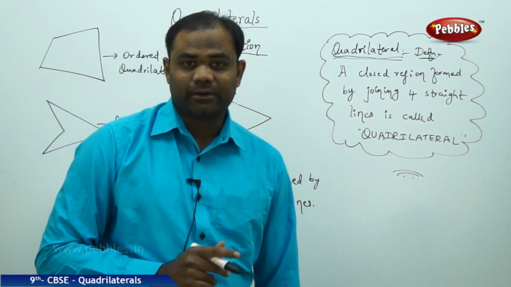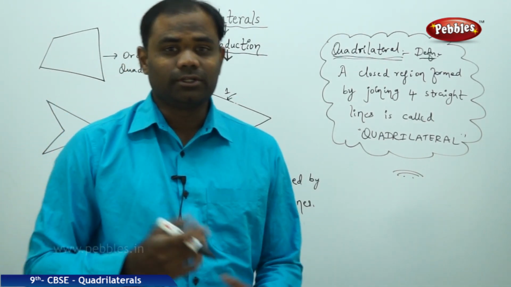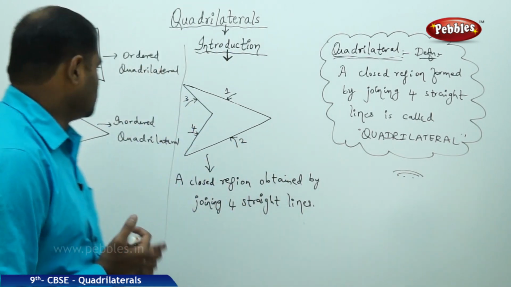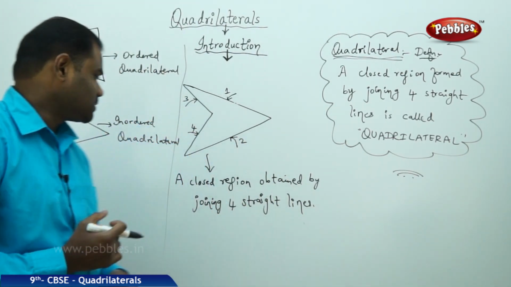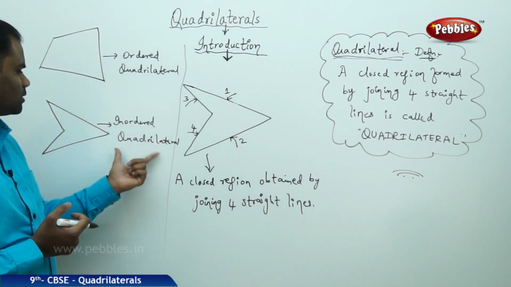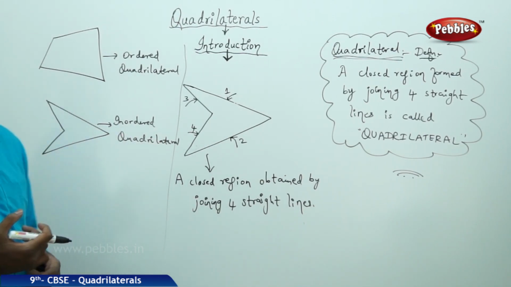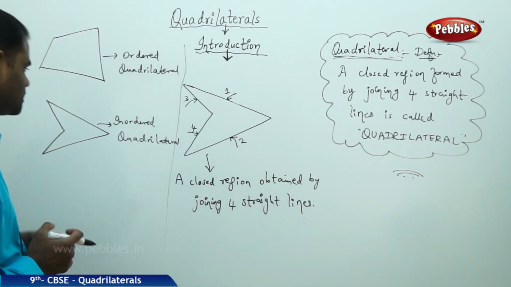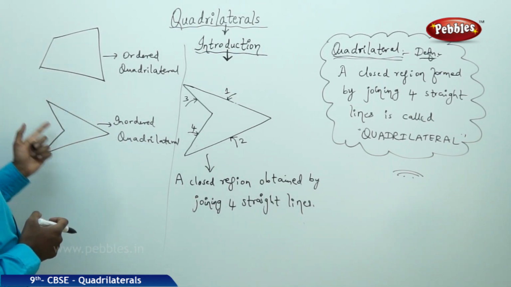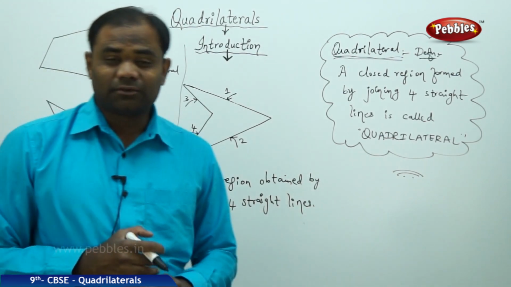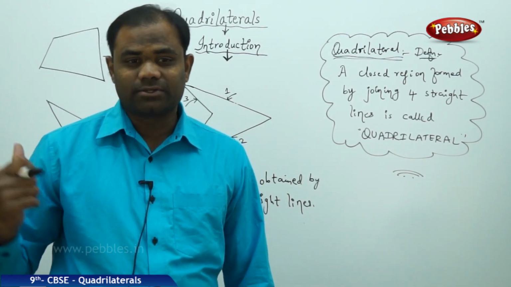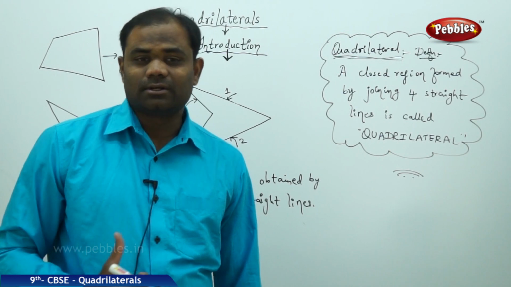Therefore, a quadrilateral can be understood in two types. One is the ordered quadrilateral, which we have seen in the previous case, and secondly, the unordered quadrilateral, which is in this form. Unordered in the sense that they are not exactly in order, but they are cut in between. The collinearity of points is what we take into consideration in understanding this concept better.